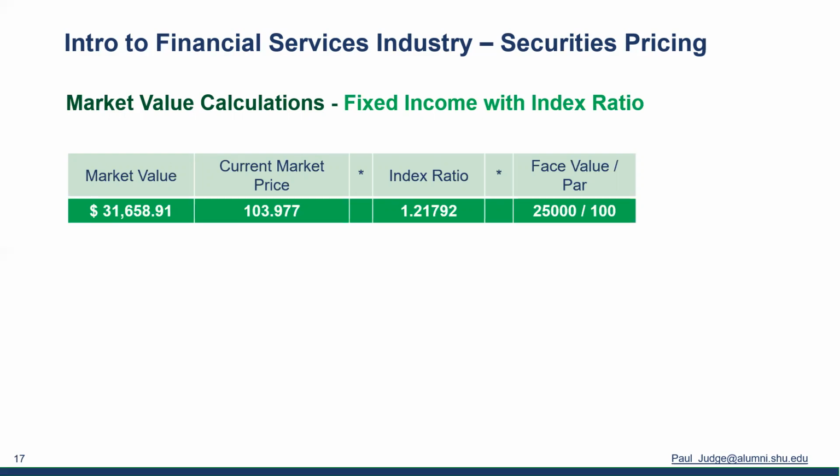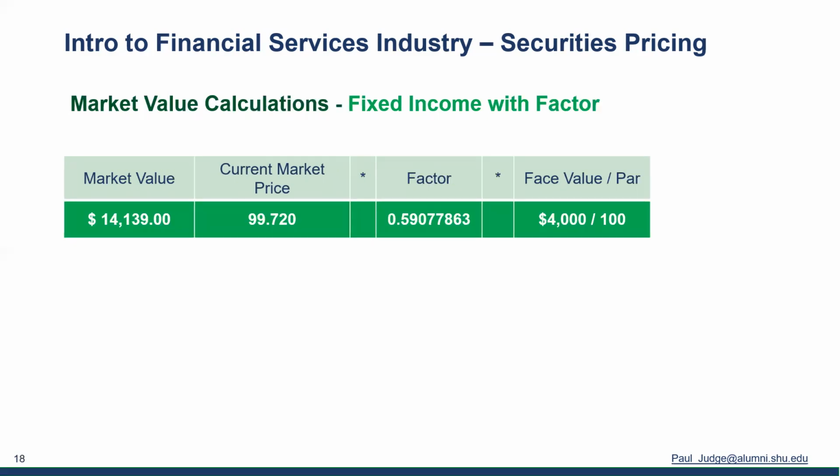Because value has diminished over time. And then income with a factor, the example we talked about earlier, where there's a diminishing value and the factor would be 590777863. So it'd be face value times the factor times the current market price, and that creates a market value.